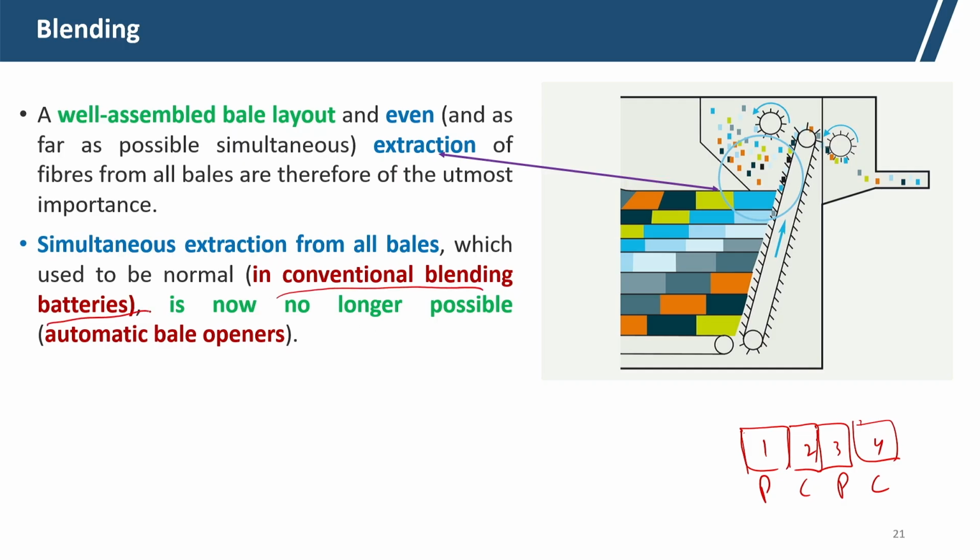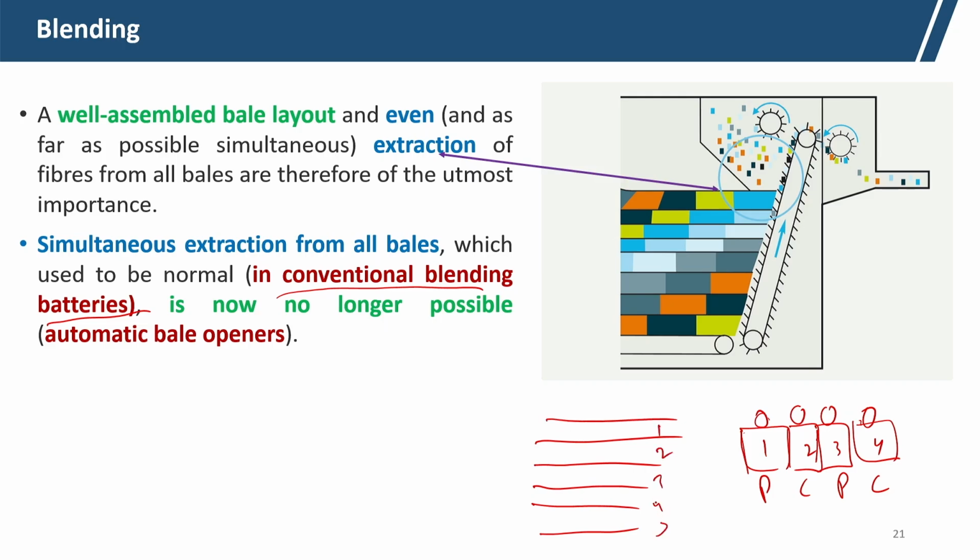In the conventional process, we can take the fiber from each bale simultaneously, like in the stack form, bale 1, 2, 3, 4, 5, and we cut at the side. So, we can take the fibers simultaneously in conventional blending, but in automatic blending it is very difficult.